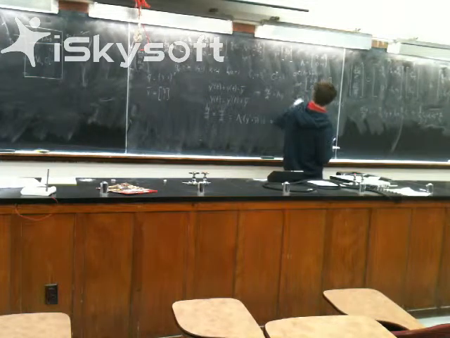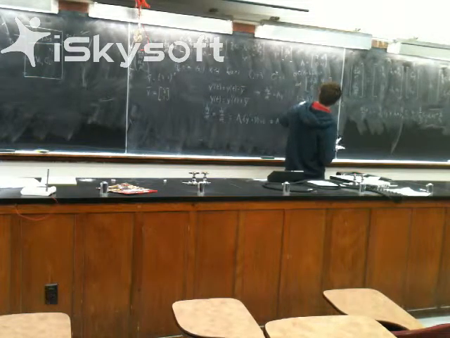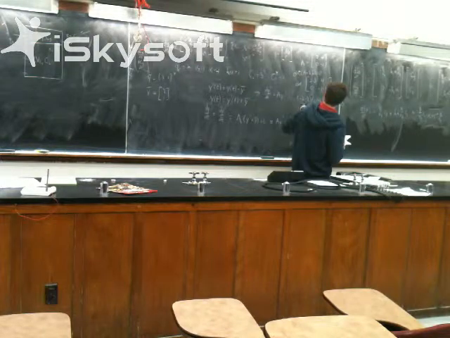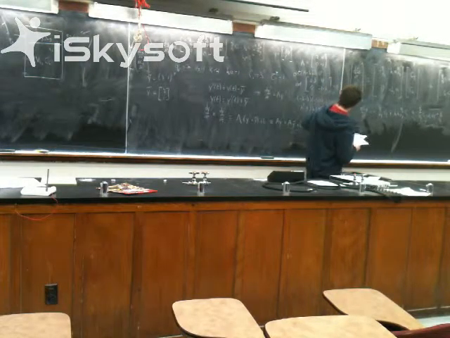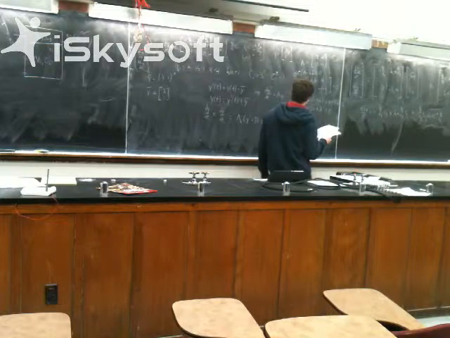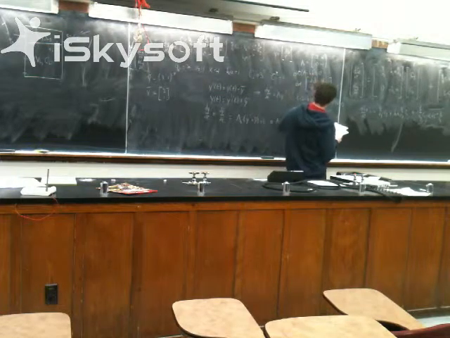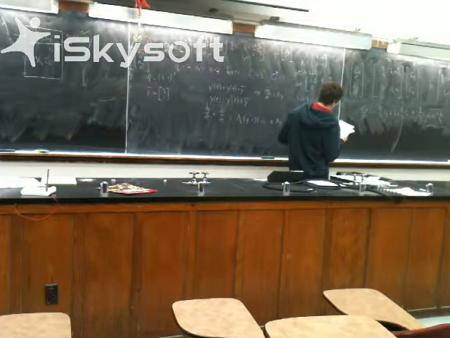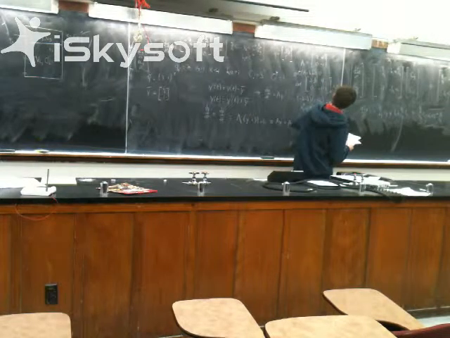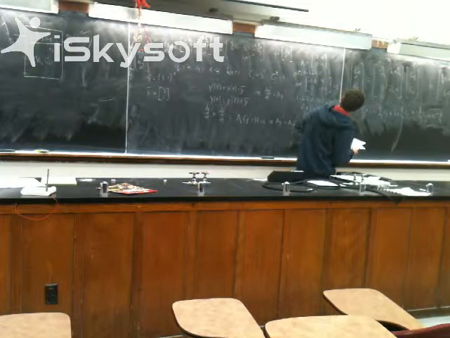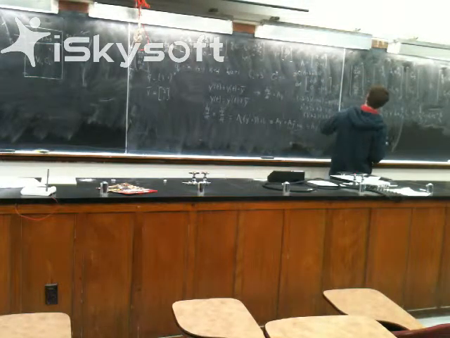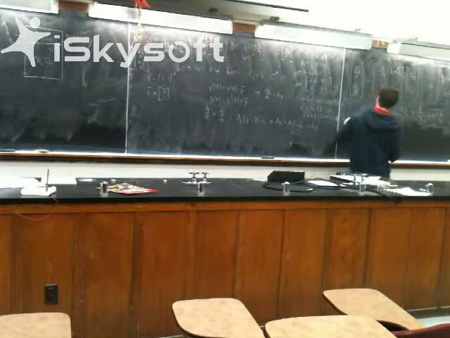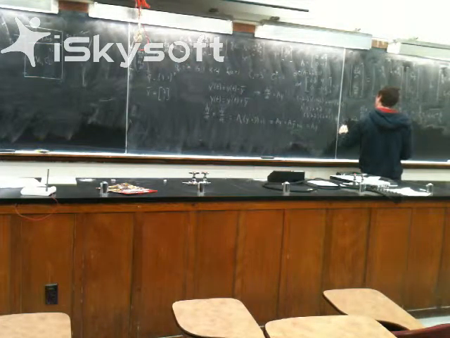So this is just lambda squared plus 3 lambda plus 2 equals 0. And you can factor this, so this will be lambda plus 2, lambda plus 1. And this just gives you that lambda is equal to negative 2 and negative 1.